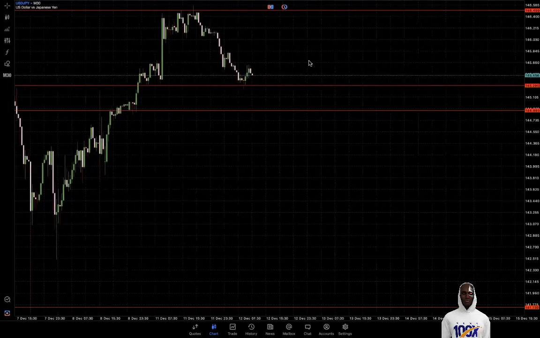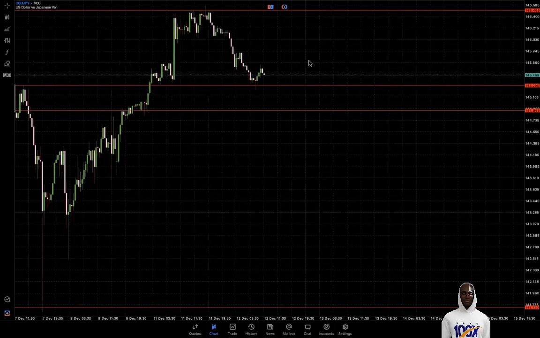The interesting thing is this: as of yesterday, when price was somewhere around here, I set a buy limit around this level.